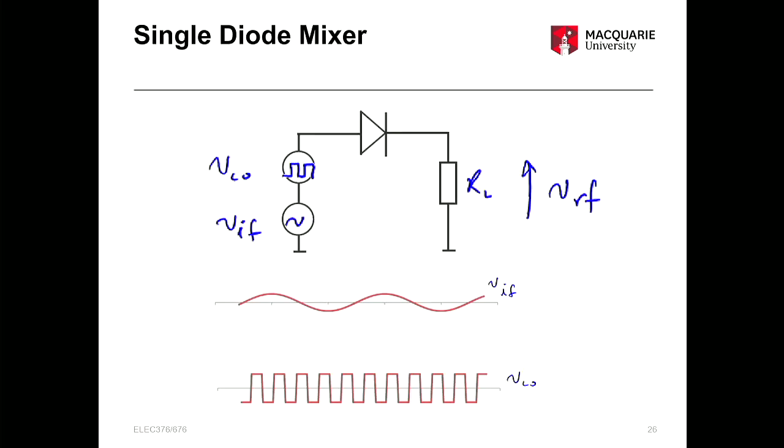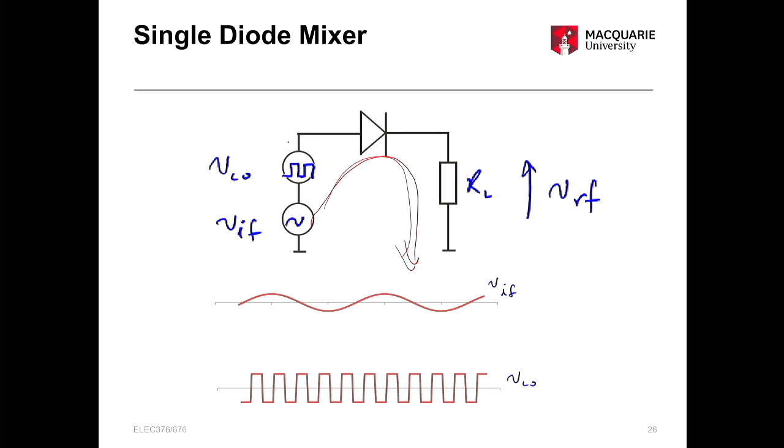So with this knowledge, we can implement mixers using different components. Like if you look at implementing with the diode, all you need to do is just have a simple circuit like this. So there is a current flowing, which is ID, the diode current, and you know that diode is a non-linear device, an exponential device.